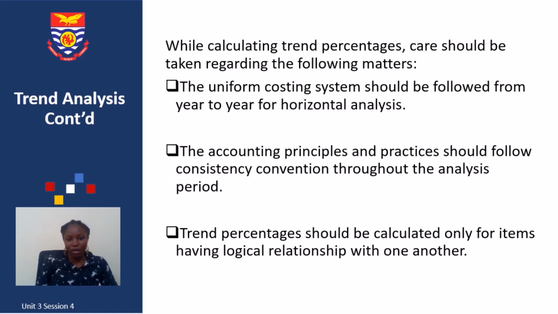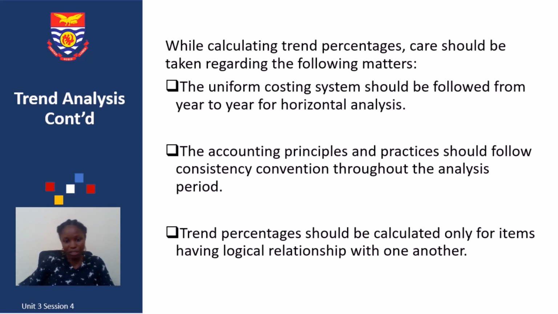While we calculate the trend percentages, we should be careful and consider the following issues. First of all, you would want to make sure that a uniform costing system is followed from year to year for the horizontal analysis. By horizontal, I mean the manner of comparing from one year to the other, so from 2017 to 2018 to 2019, 2020, 2021.